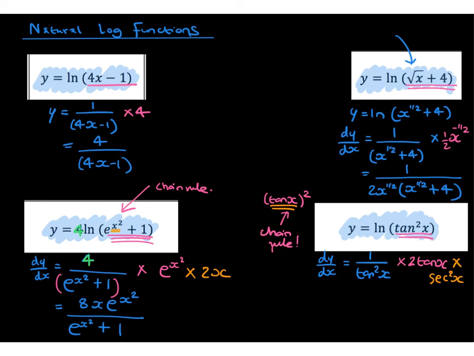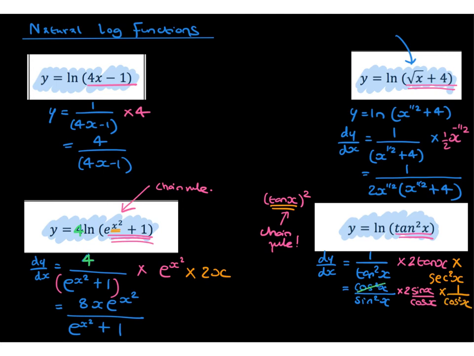Now, I think there's probably a lot of simplification that can be done here. 1 over tan squared x is cos squared x over sine squared x. We then have 2 tan x, which is sine x over cos x, and then we're multiplying by sec squared x, which is 1 over cos squared x.